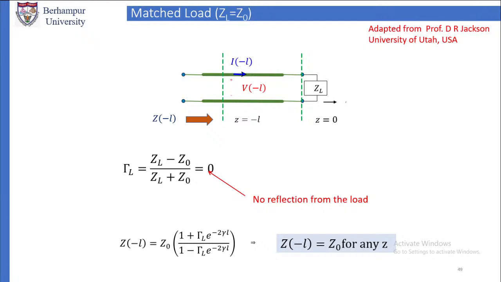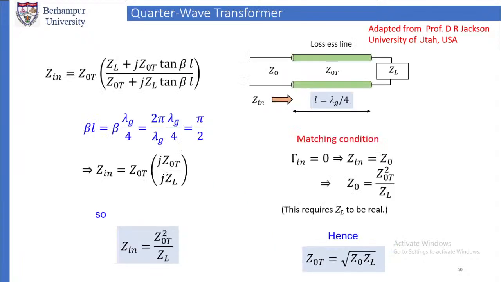So for any Z anywhere on the transmission line, this is the special case, the only case in which you will find the same impedance everywhere on the transmission line. If the transmission line terminates in a matched load, then at each point on the line you will get the same impedance, equal to Z0. So this is the special case of a transmission line which terminates in a matched load.